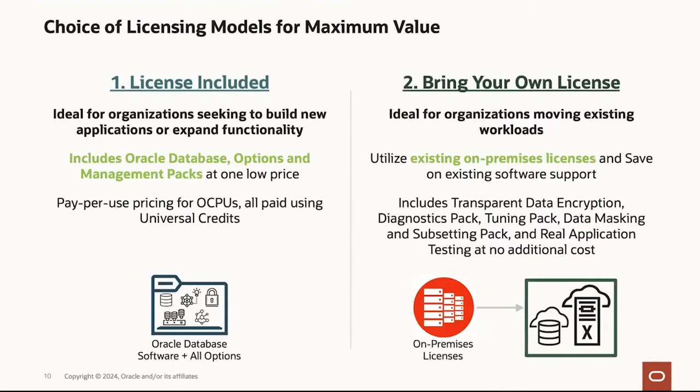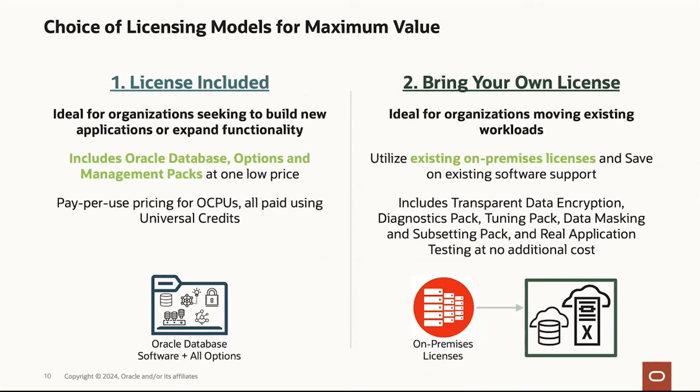So let's go ahead and take a closer look at the available database compute core licensing models. So you have two options to choose from when you run Oracle database in the cloud. Depending on what your business needs and costs are, you can choose accordingly. So the first one is called License Included. This includes all of the Oracle Database Enterprise Edition options, plus the Oracle Database Enterprise Manager packs.